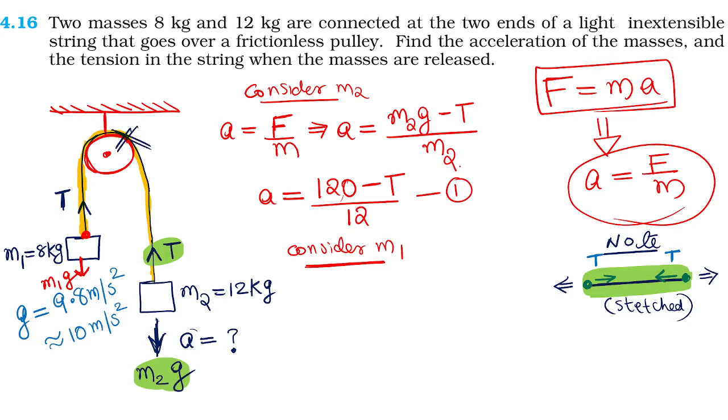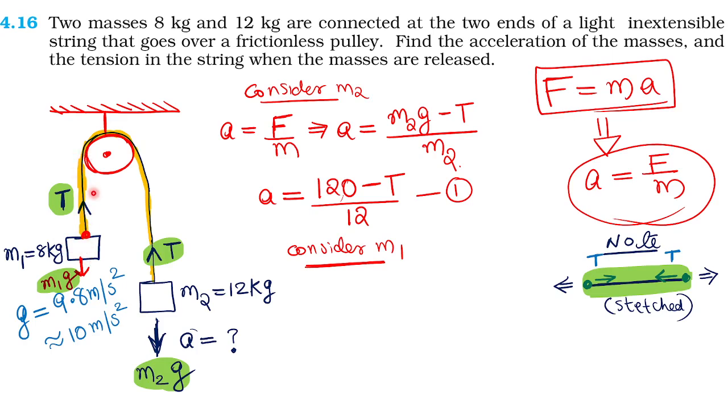So currently two forces are simultaneously acting on M1. One is tension, which is upward, and another force is M1G, which is downward.